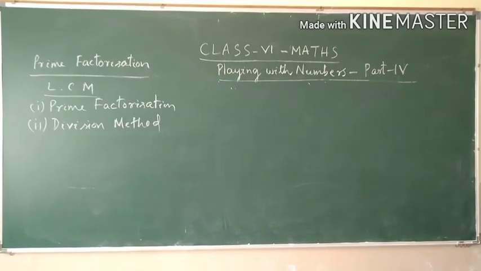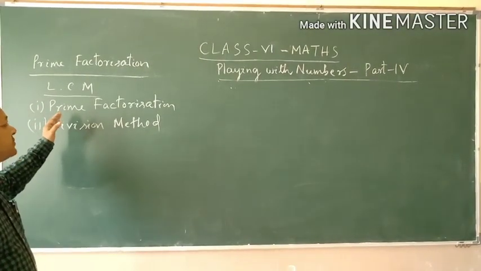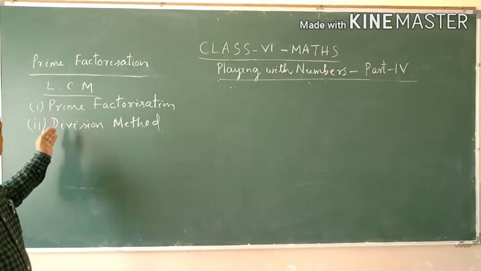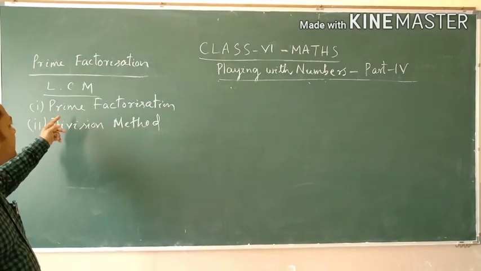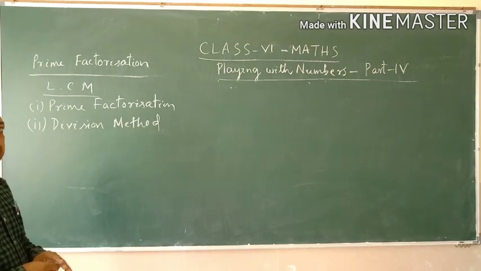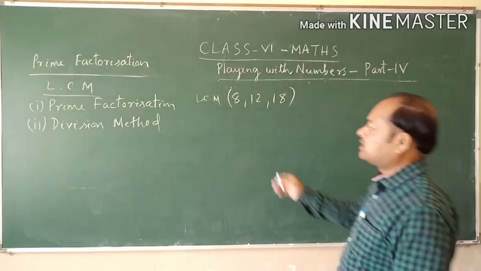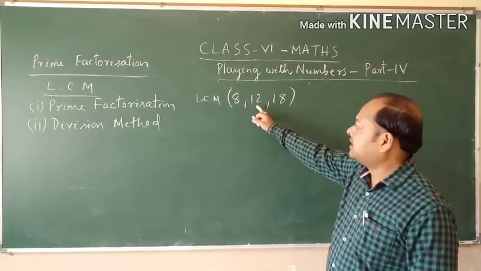Now let us discuss how to find LCM using the methods. There are two methods to find the LCM. One method is the prime factorization method, another method is called the division method. As you already know the prime factorization method, now we have to find the LCM of three numbers: 8, 12 and 18.